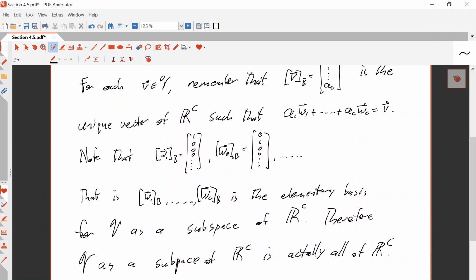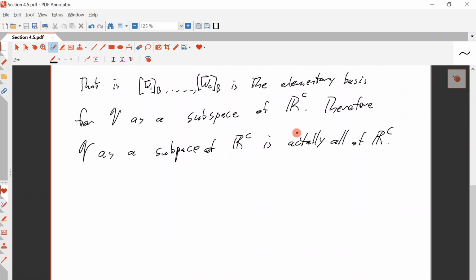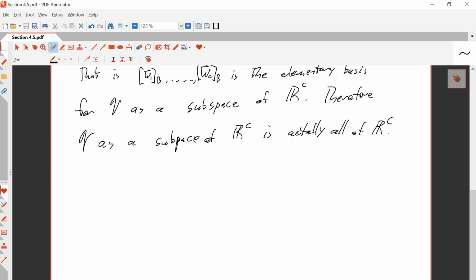All right, so that's great. Given a vector space V and a basis B, when you look at the coordinates of the vectors in V with respect to B, it becomes just RC. And that's what we were saying, that really vector spaces are all just R to the n in disguise. And that's the disguise right there. That's a general description of the disguise.